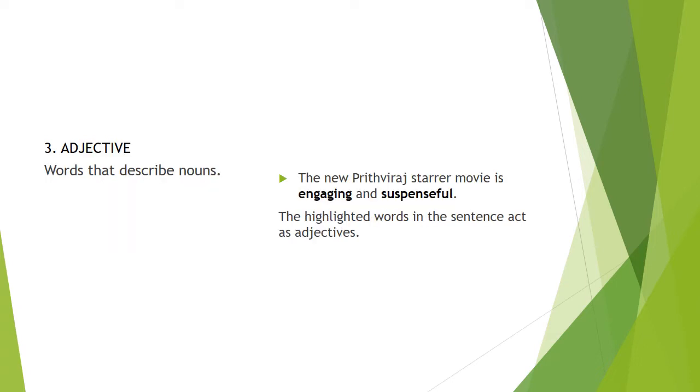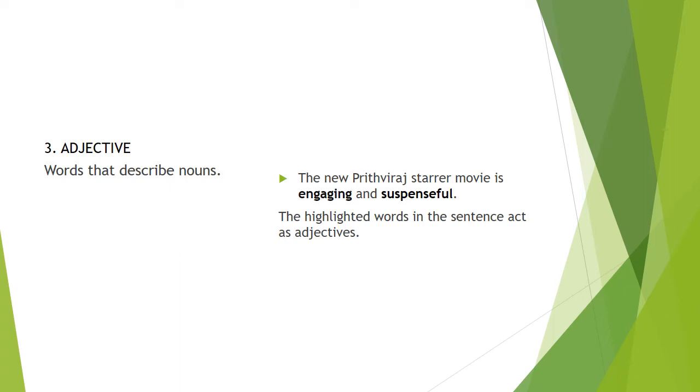The next part of speech is the adjective. We all know that adjectives are words that describe nouns. They are also known as modifiers. Why? Because they modify the noun, in the sense that they give us more details, clarifications, or descriptions about a noun.